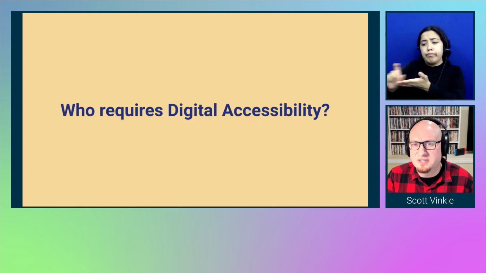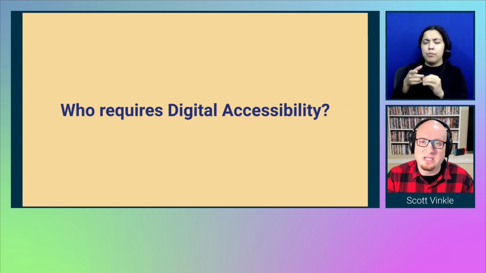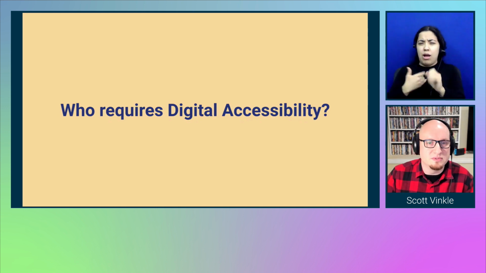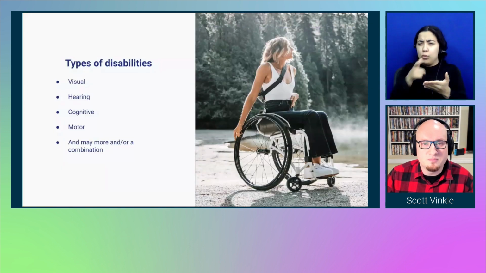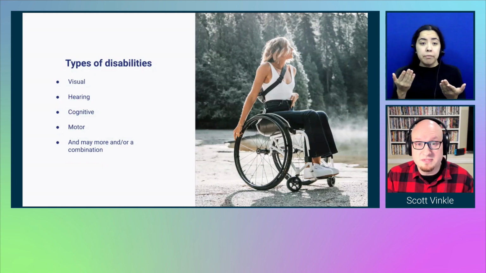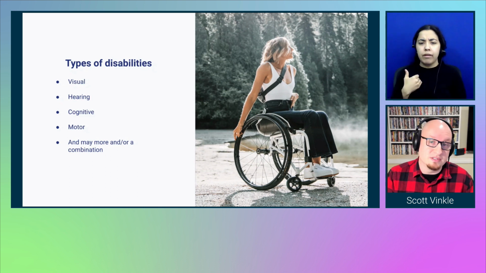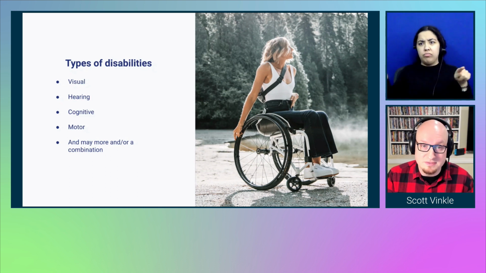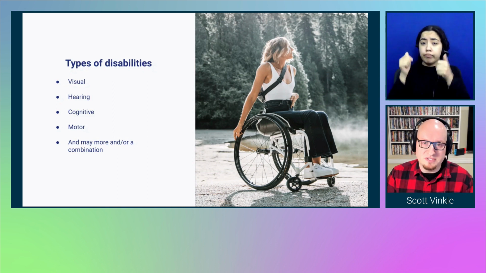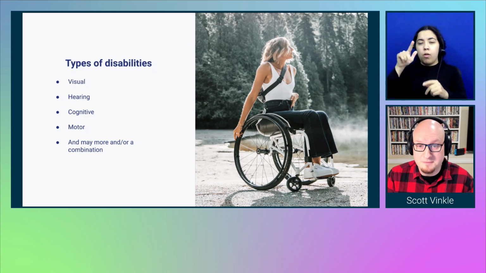So who exactly are we talking about when we say we need to make our digital products accessible? Who requires digital accessibility? People with disabilities. And there are many types of disabilities which need to be taken into consideration when creating digital content. So at a very high level, some disabilities include visual impairments, people with low vision, color blindness, or who are blind.